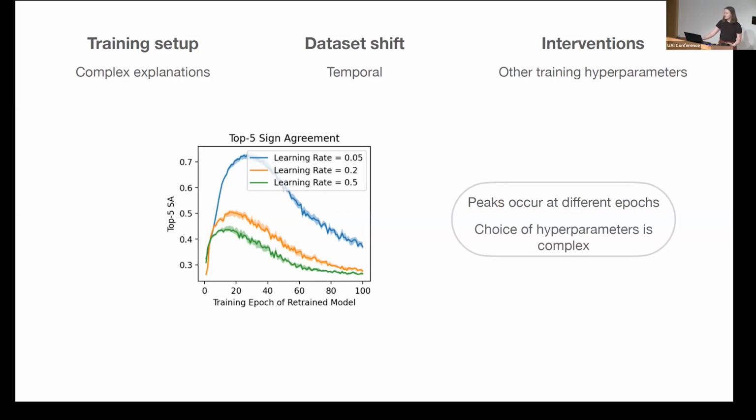And so the takeaway here is not that we're going to prescribe, like, if you're using this learning rate, you have to train for this many epochs. It's a lot more complicated and data set dependent than that. But essentially just saying that the choice of hyperparameters is complex. And if you want to be sensitive to explanation stability across retraining your model, it pays to be careful about what combination of hyperparameters you're using.